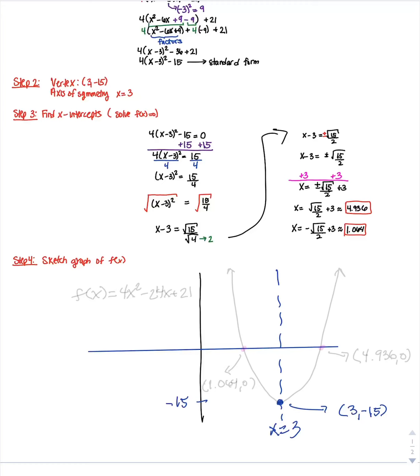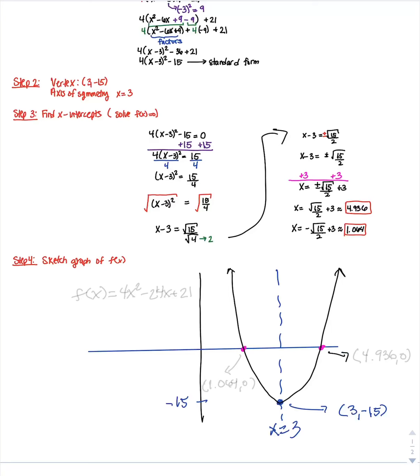We have two x-intercepts, and then we can just fill in our curve. So it's a parabola going through our 2 intercept points.